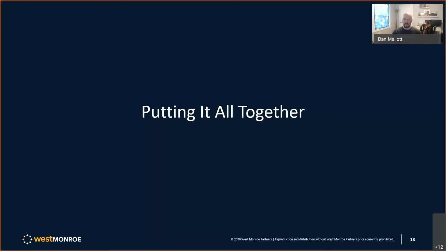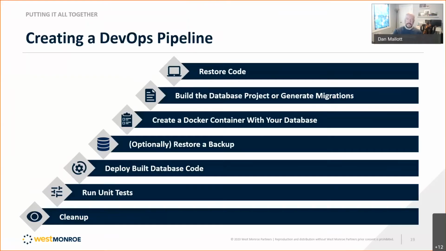So what does this all look like? How do we put this all together in a way that leverages all of the things that we're doing to build a database, run tests, maybe run some integration tests, and then not leave a giant footprint behind? This is a very basic DevOps pipeline, right?